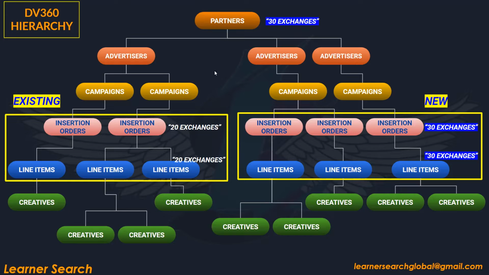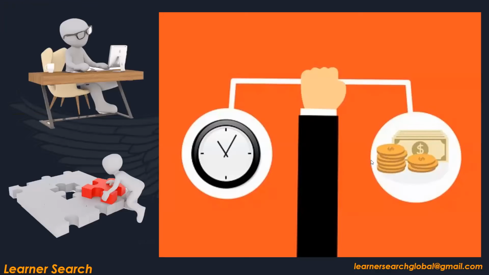When you give some inventory source targeting, some exchanges, existing ones will not get affected, whereas new ones will get affected. Affected in the sense that the new one will inherit. So with this, we can save a lot of time and money. No need to add 10 more exchanges every time you create new IOs. It will automatically get inherited.